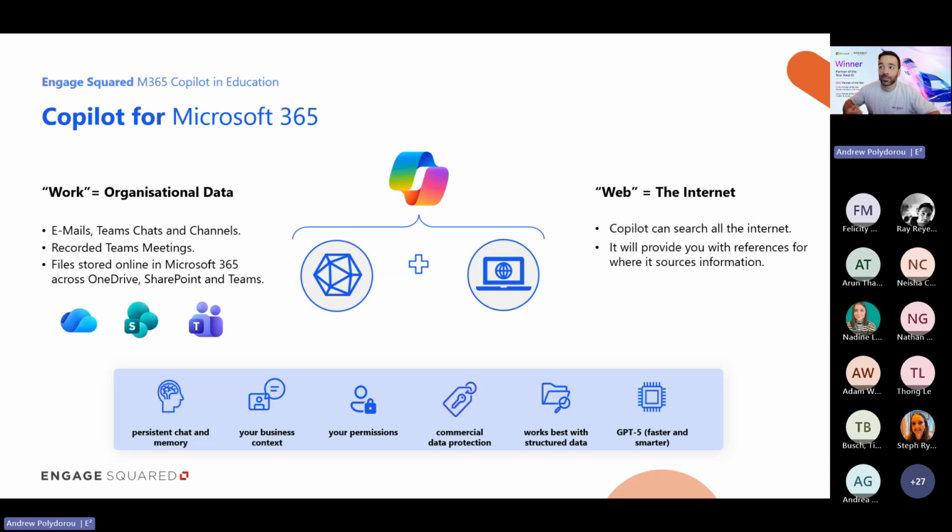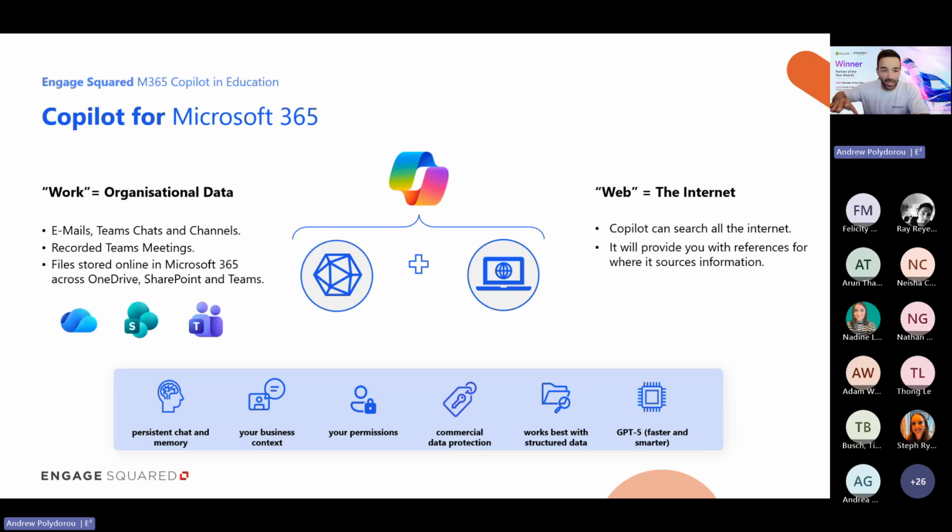So it can ground its responses in who you are as an individual, what your role is, your organizational profile, who you work with, the challenges you've got, your chats, meetings, emails and your activity across documents. Everything you can imagine in M365 that you have access to today, Copilot can also access.